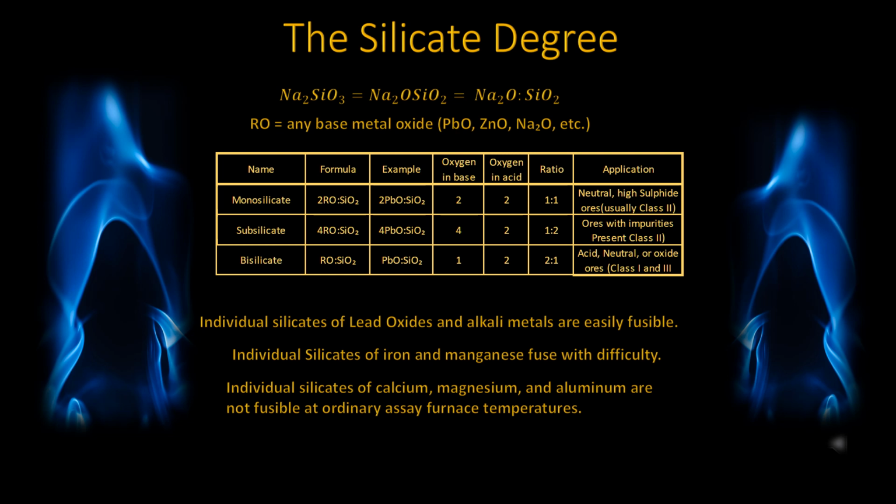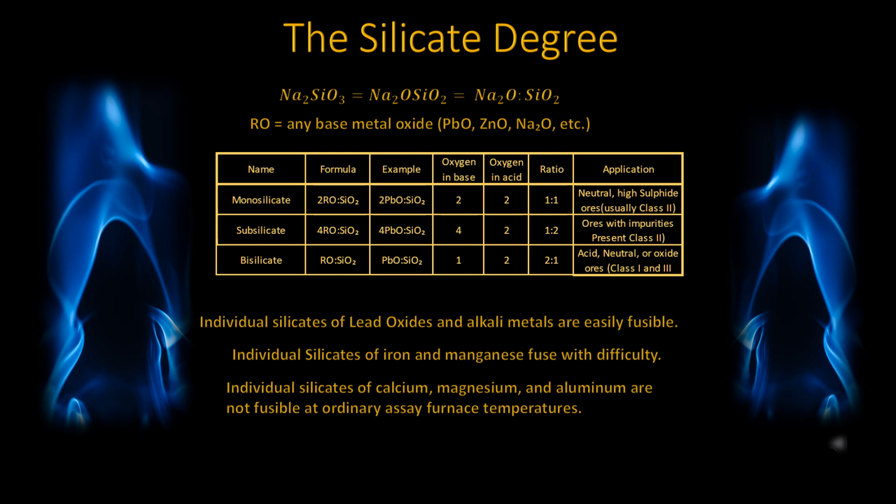The individual silicates of lead oxide and alkali metals are easily fusible. However, those that are of iron and manganese are a little bit more difficult to fuse. The individual silicates of calcium, magnesium, and aluminum will not fuse at the standard or ordinary assay furnace temperatures without adding a reagent that will act as a catalyst in order to reduce the fusion temperature.